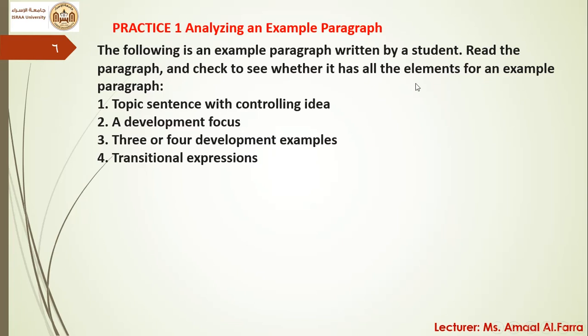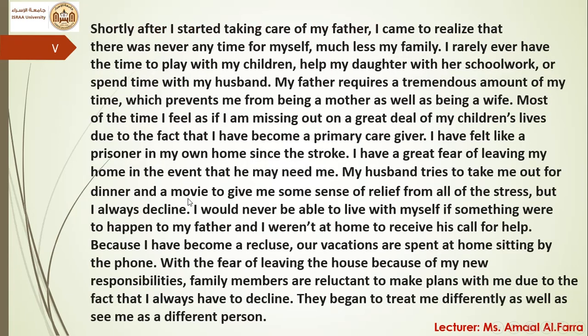We have 4 elements: the topic sentence with controlling idea; a development focus, which is one of the 6 questions, or it can be more than one; 3 or 4 development examples, which are the support sentences; and transitional expressions. Look at the finished paragraph here and try to find these 4 elements.